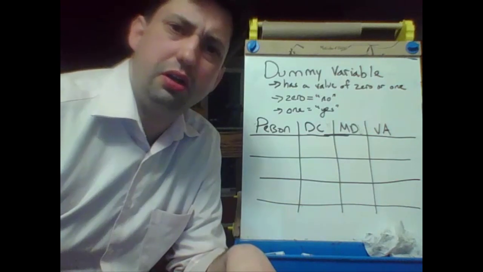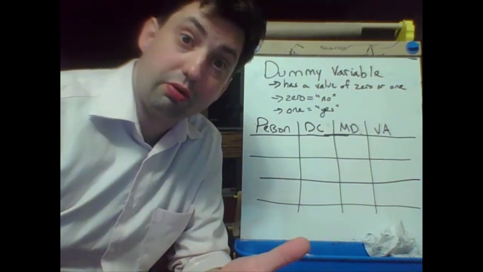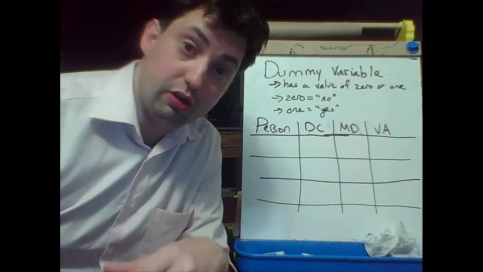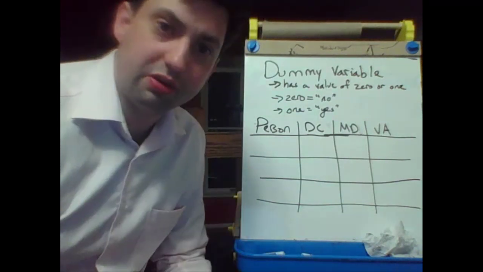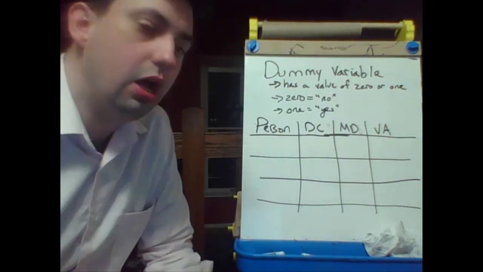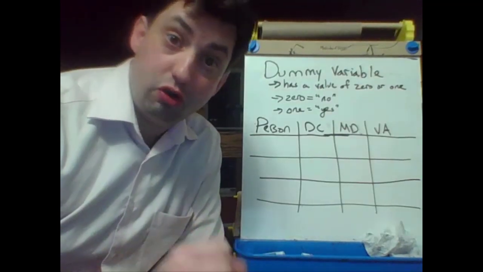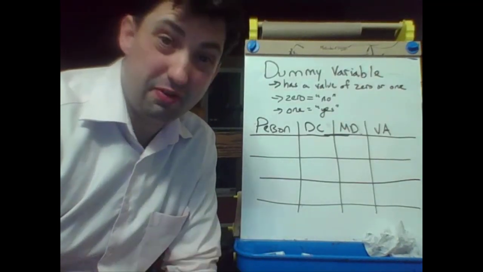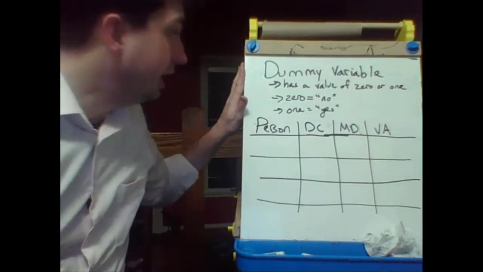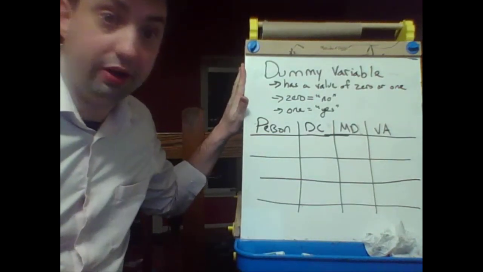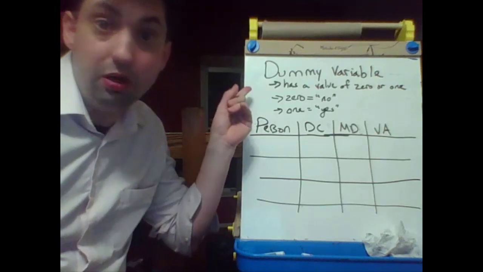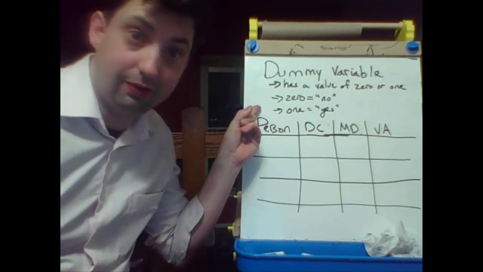It doesn't work. But what you can do with categorical data is turn it into a question, and you can make it a dummy variable. A dummy variable has a value of 0 or 1, with 0 being no and 1 being yes.